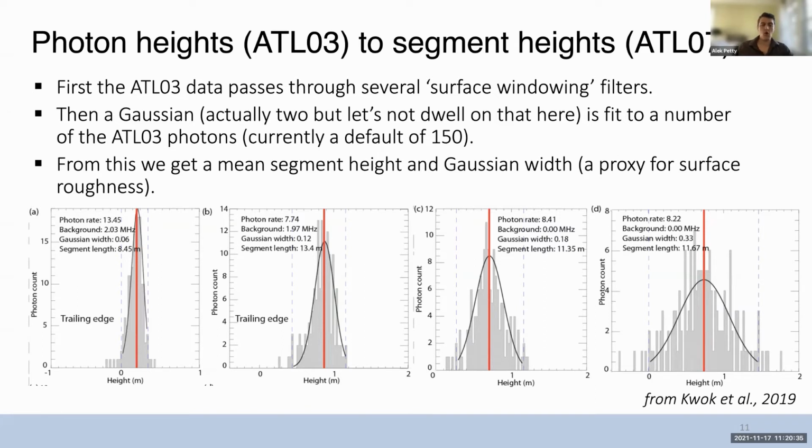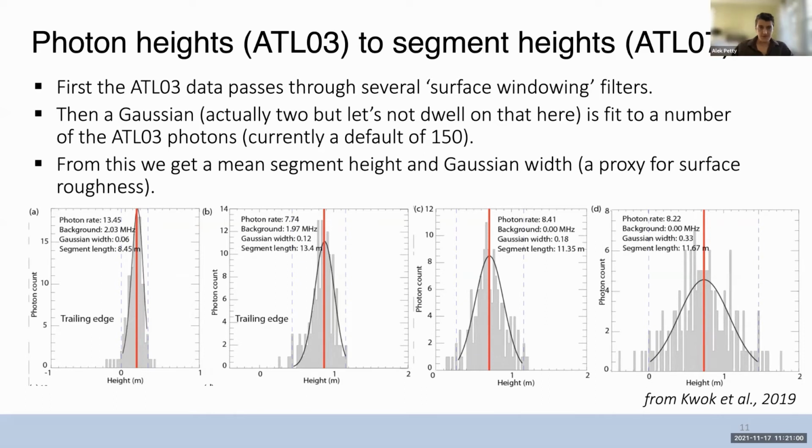So for the polar oceans where we expect to see sea ice, we know roughly what the mean sea surface is, right? We've been able to track that with other altimetry missions. And in general, we expect that surface to vary within plus or minus half a meter or a meter beyond that sea surface. So that's our first guess at where those signal surface photons are coming from. That gets rid of a lot of the noise for us and really narrows things down.